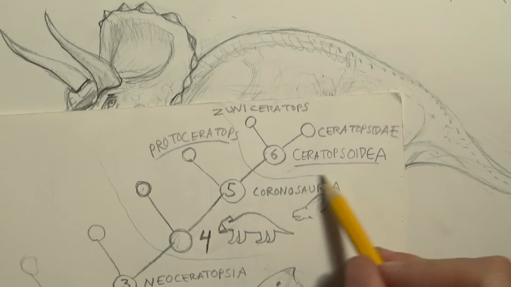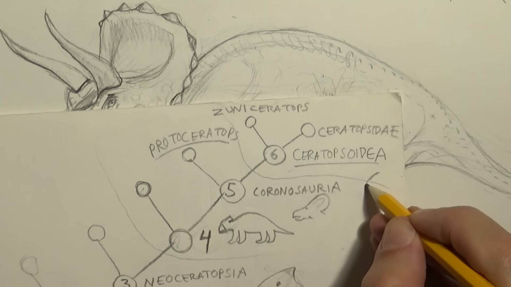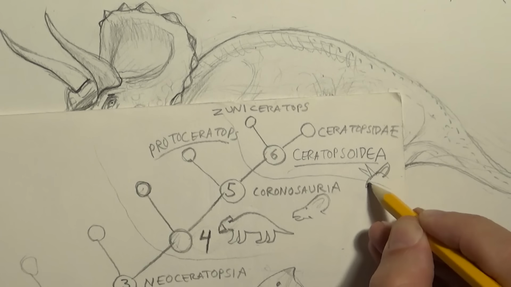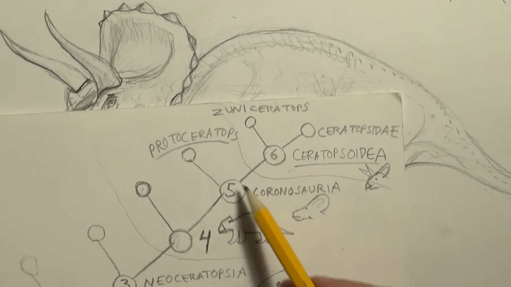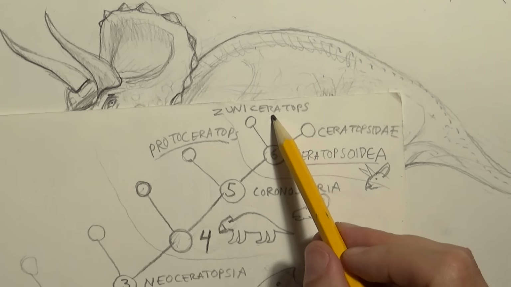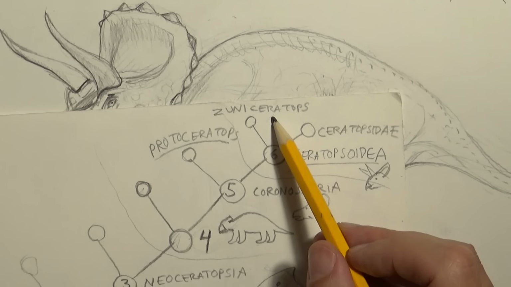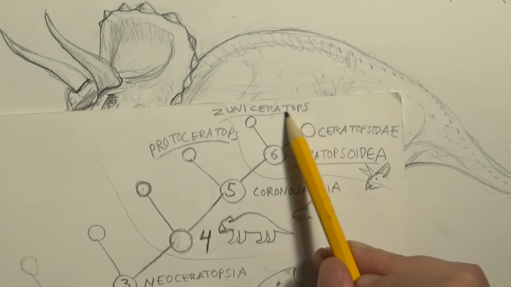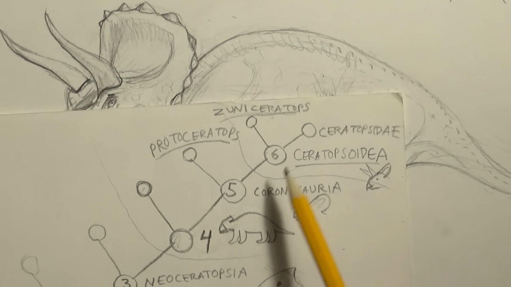And that was the first Ceratopsia that had horns, that had brow horns. It was found in North America. It was quite large, 3.5 meters or 11.5 feet. And it lived during the late Cretaceous, but not until the end of the late Cretaceous, but still in the late Cretaceous.